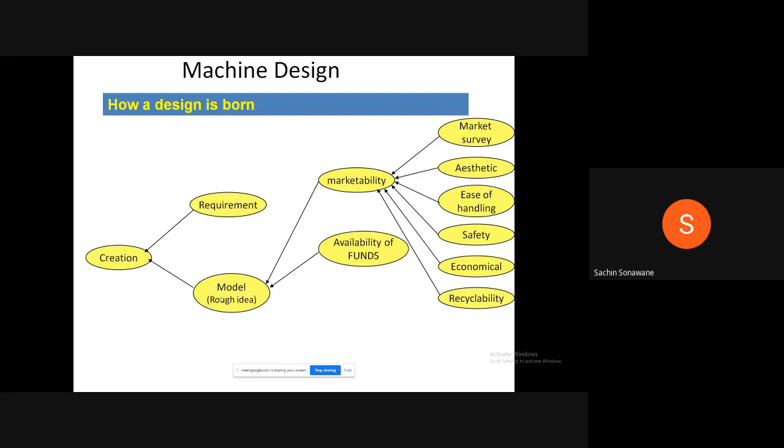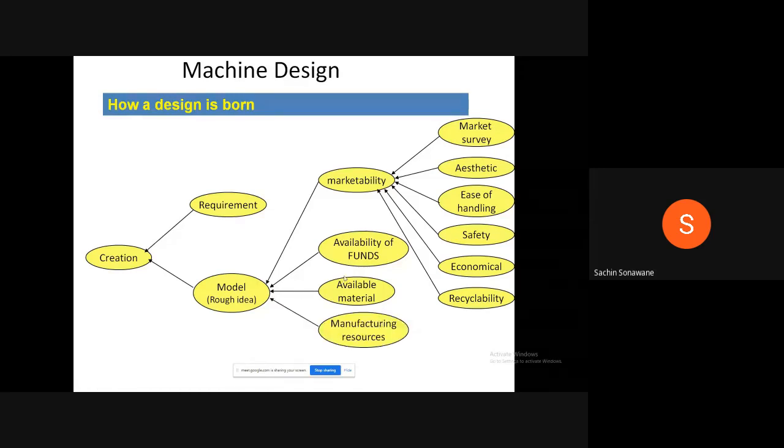Whatever these different points we are going to consider, we are creating the model, and to create the model we require availability of funds and available material, that is which material we are going to use to manufacture that product, and that material should also be of low cost, because you are knowing that whenever we are manufacturing a product, nearly 60 to 70% of the cost is of material.